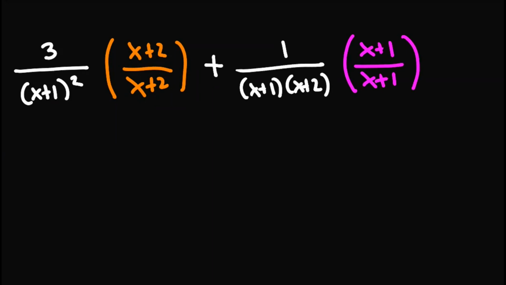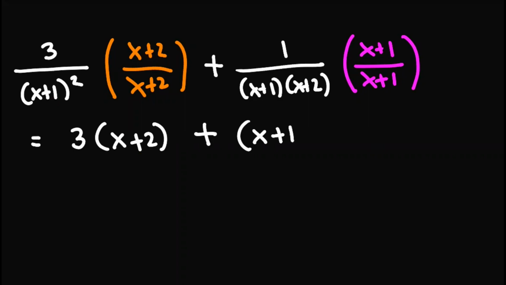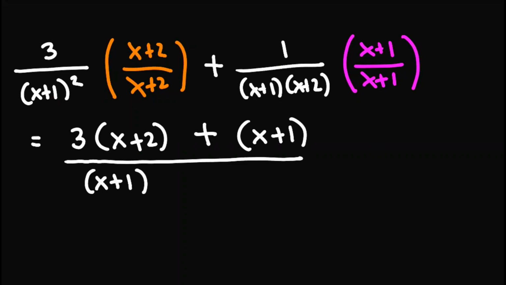So simplifying, since we already have the same denominator out here and out here, the numerator will consist of 3 times (x plus 2) plus 1 times (x plus 1), all over x plus 1 squared times x plus 2.